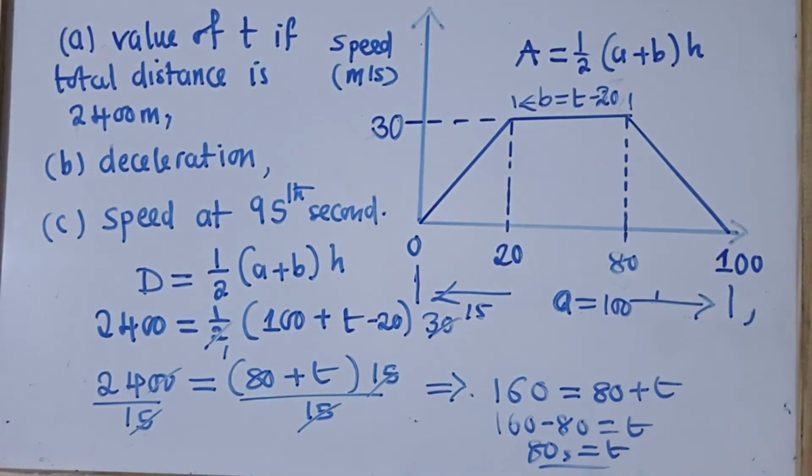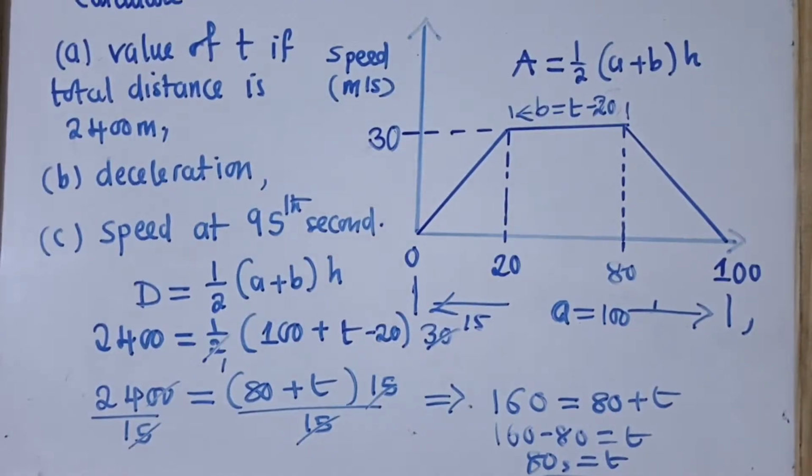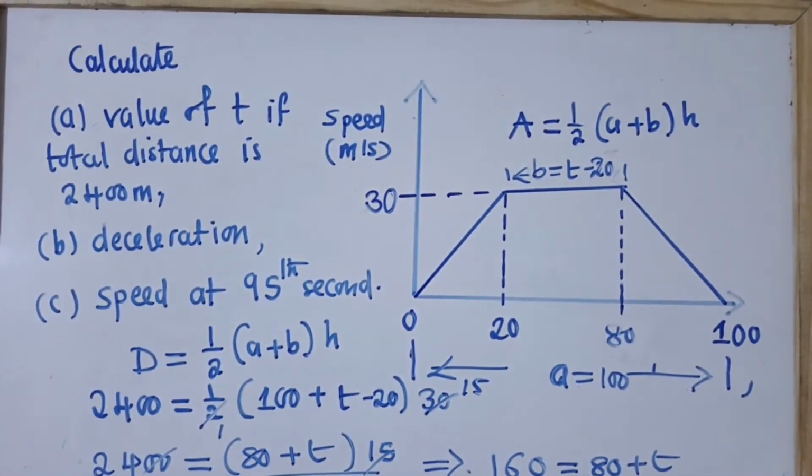So that's what you need to know. All right, so now we go to the next question, where they're saying we find deceleration. First of all, are you okay on how we found 80? Sir, we are not supposed to deal with big numbers. Yeah, definitely, it's not a problem. If you want, you can deal with big numbers or small numbers.